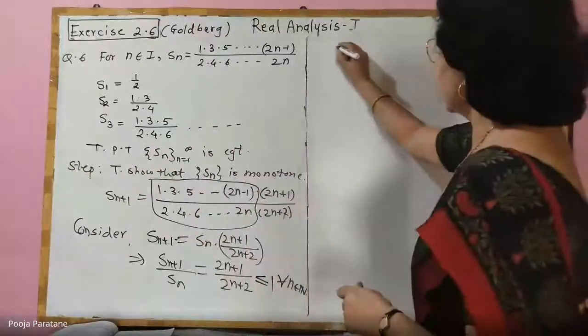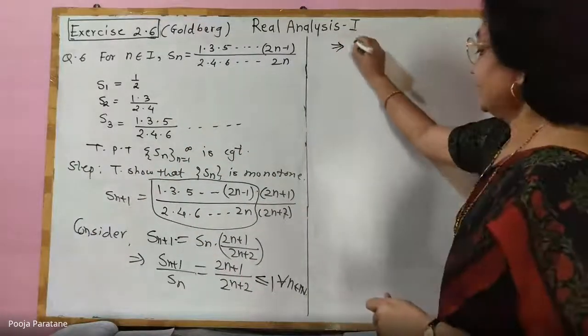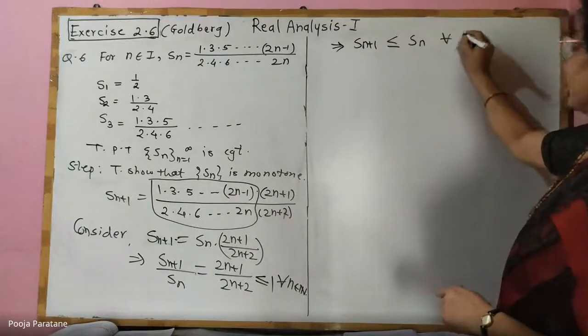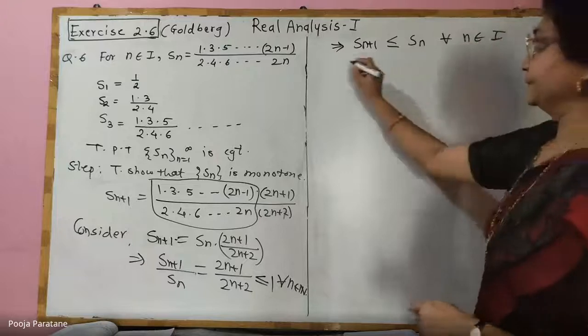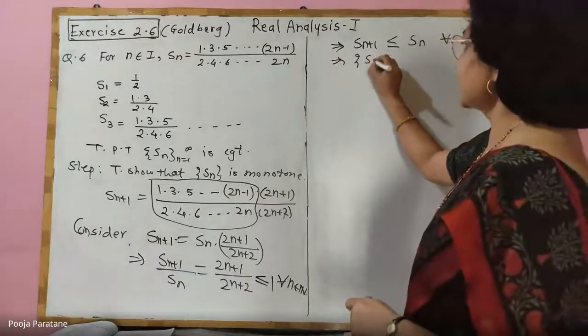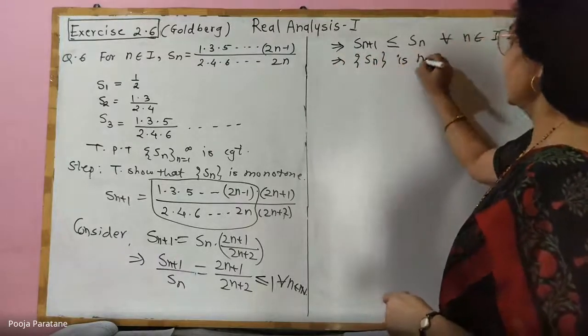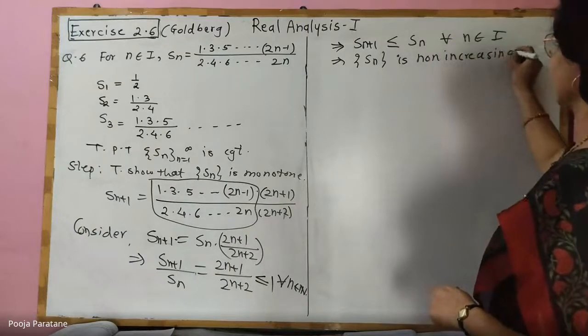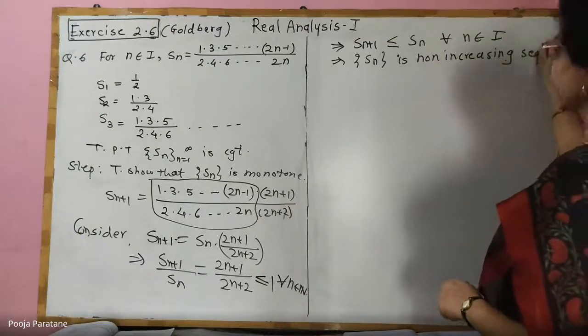So what we are getting is Sn plus 1 is less than or equal to Sn for all n belonging to I. Therefore, this sequence Sn is non-increasing, that is, a decreasing sequence.